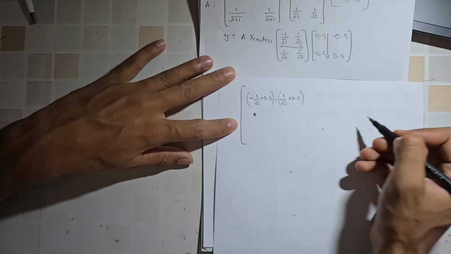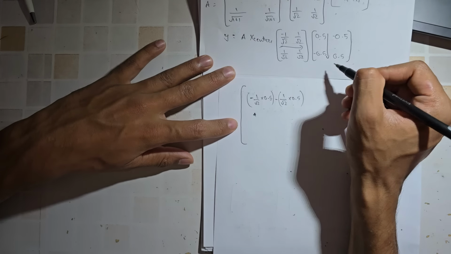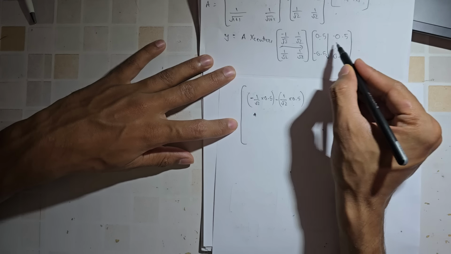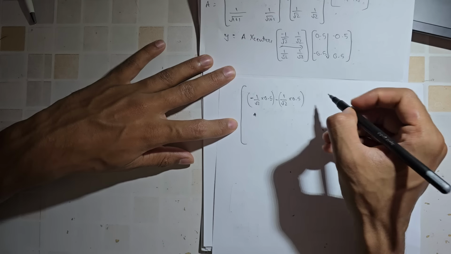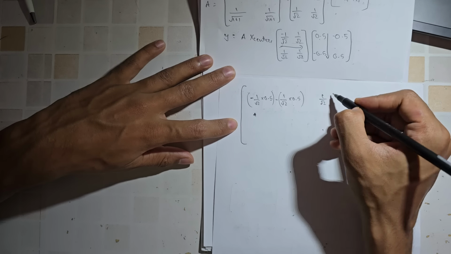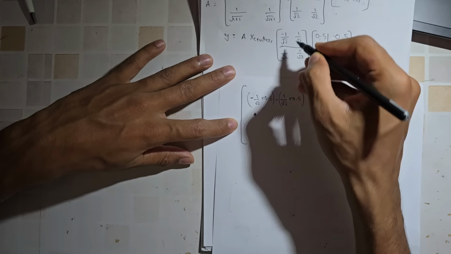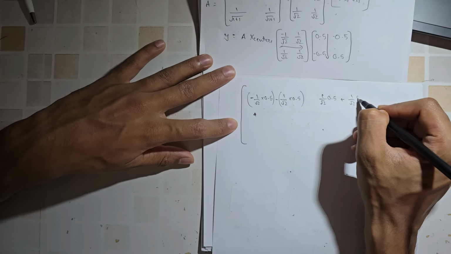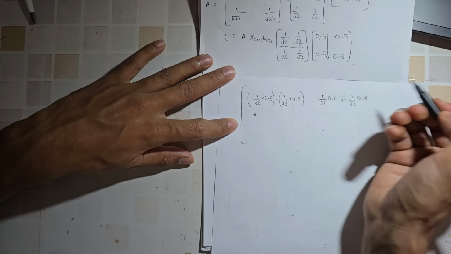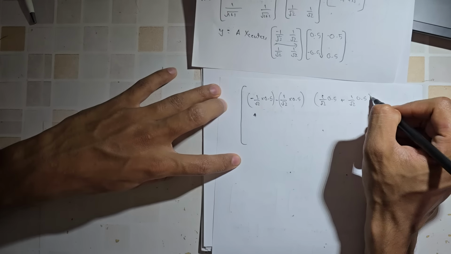So 1, 2, 3, 4, right? It should be a 2 cross 2 matrix, so the result also will be 2 cross 2. Minus this into this column, so minus into minus becomes plus, so 1 by root 2 into 0.5 plus 1 by root 2 into 0.5. Okay, this is one value.